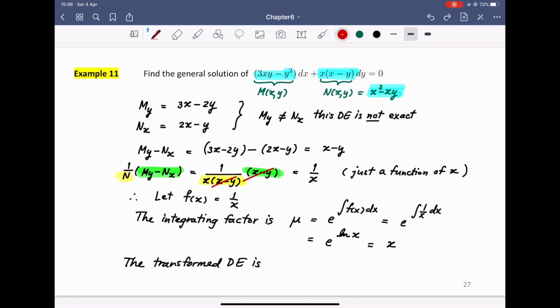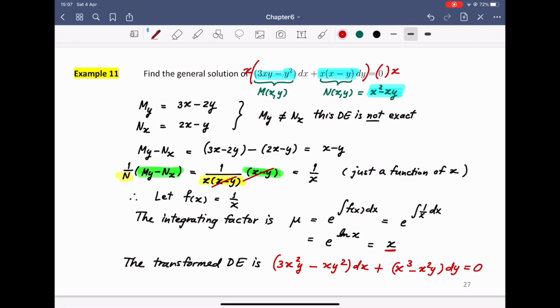So again, I'm going to multiply everything by x here, on both sides. So what I'm going to get is, let's keep the red pen here, (3x squared y minus x y squared) dx, and then plus (x cubed minus x squared y) dy equal to 0.